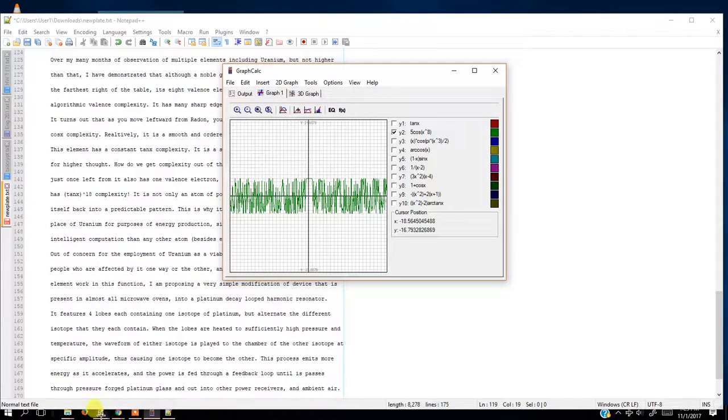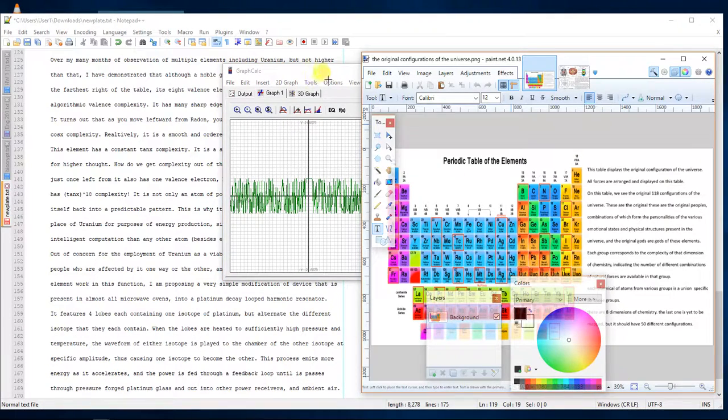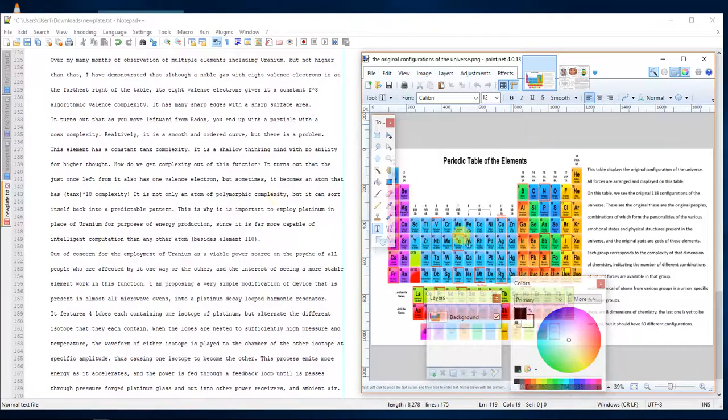And it turns out that although radon is the one most to the right of the periodic table, atoms with 8 valence electrons have very complex valence complexity, and as you move down the table, as you move leftward on the table, they become less complex.